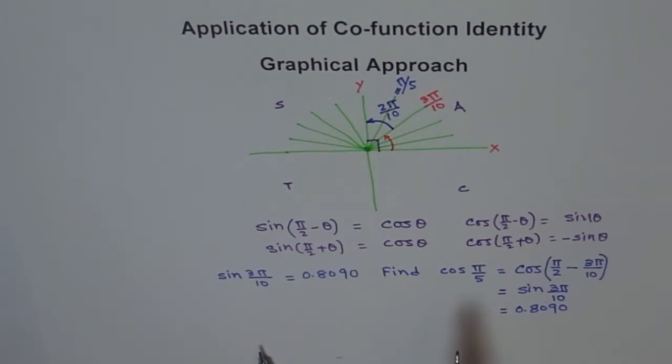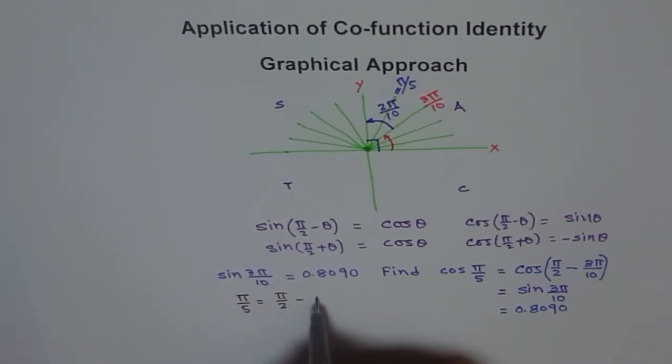Now, if I have to approach algebraically, in that case, I will do it like this. Let me try to give you that solution also, right here. So we will say, what is pi by 5 in terms of pi by 2 plus or minus something? So I can write, let pi by 5 equal pi by 2 minus some angle A, okay?